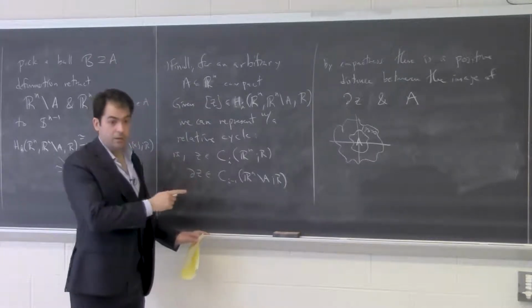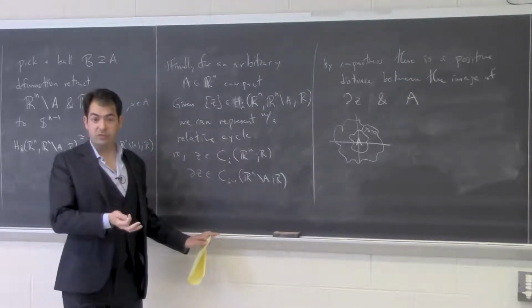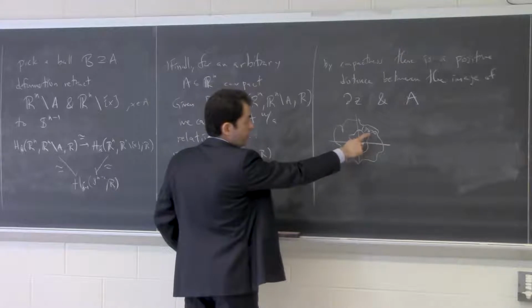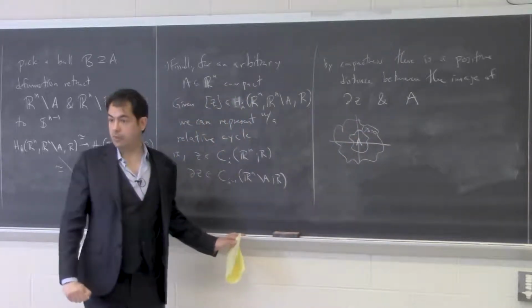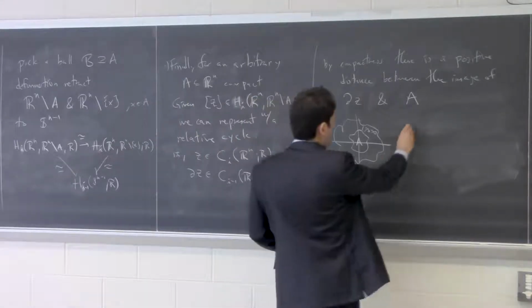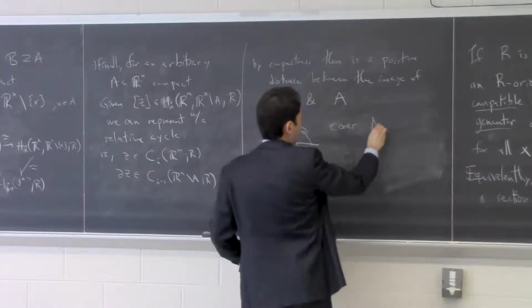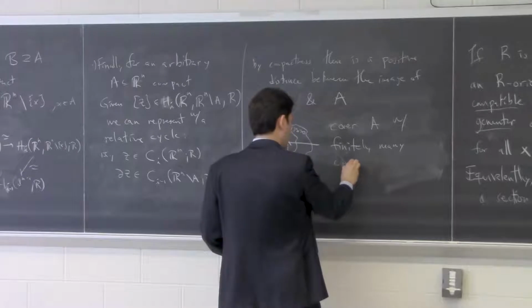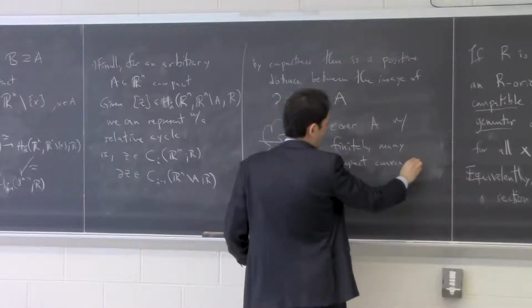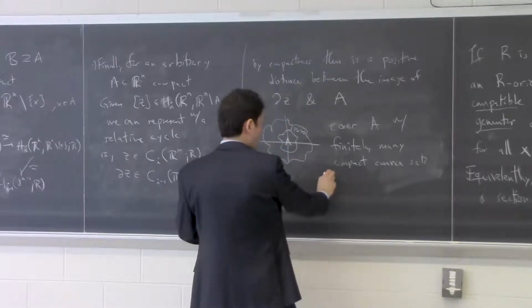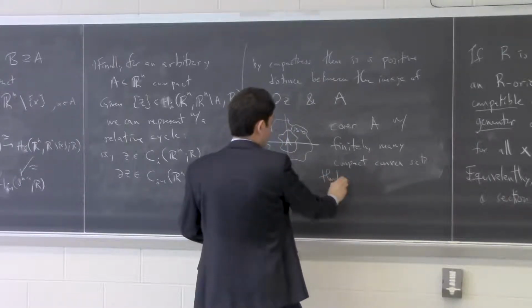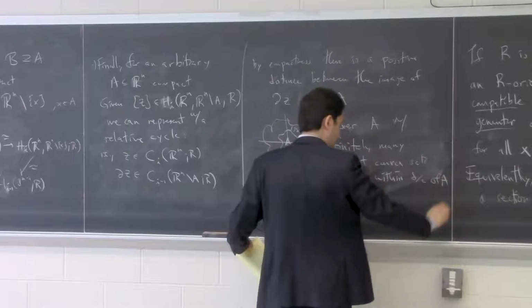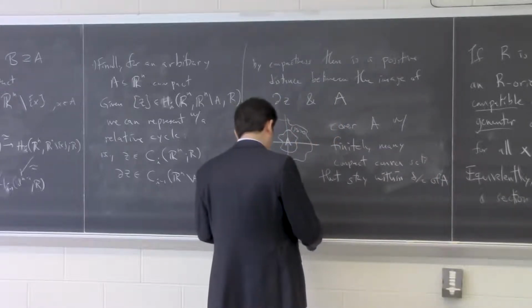So cover your compact set with balls, so convex open sets, all of which have a closure that stays within delta over 2 of A. So cover A with finitely many compact convex sets that stay within, say, delta over 2 of A, and let's give that a name.